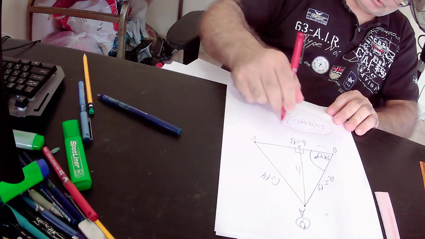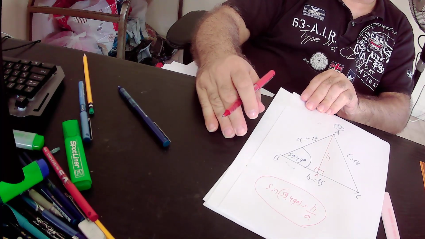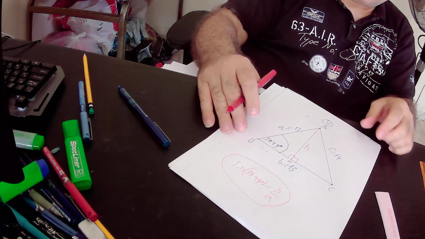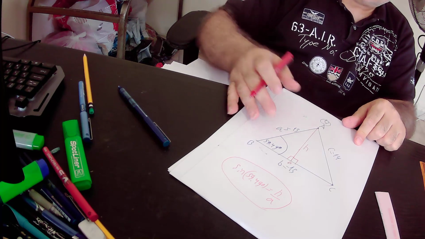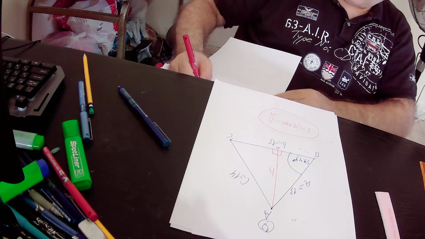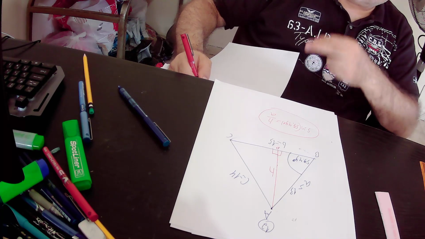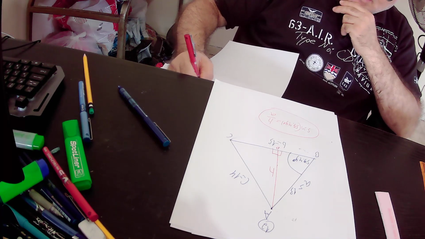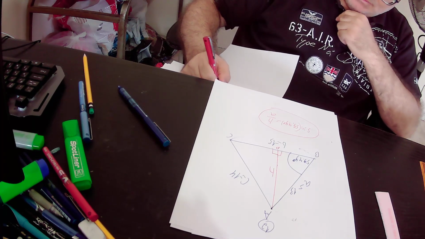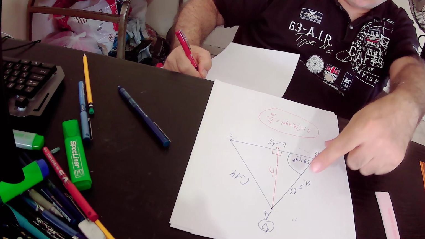Okay, sine of 59.49 degrees equals h over a, and we know that a equals 13 units, and sine of 59.49 degrees equals 0.8615.